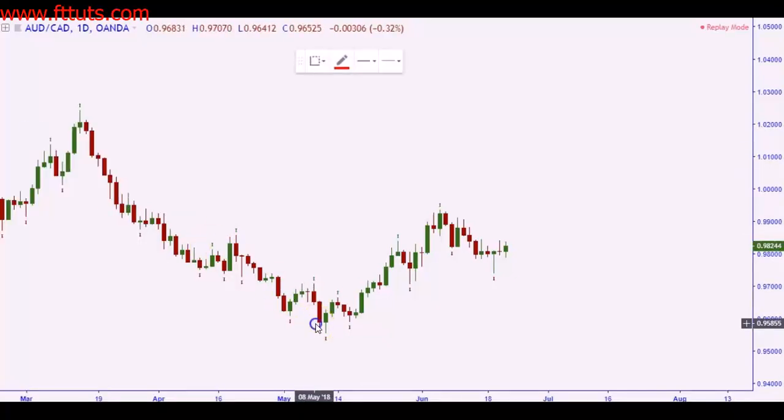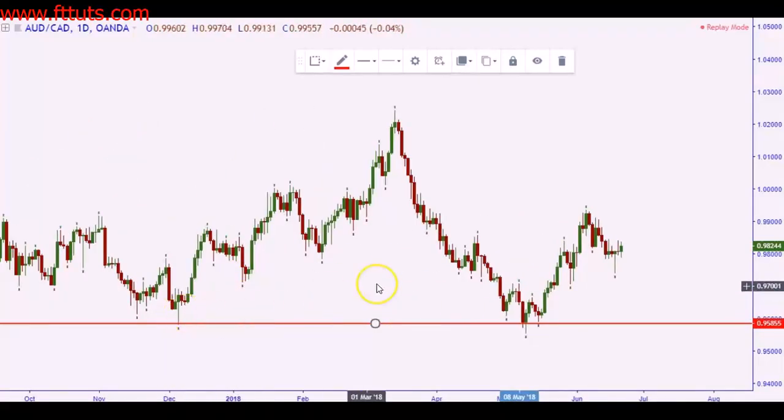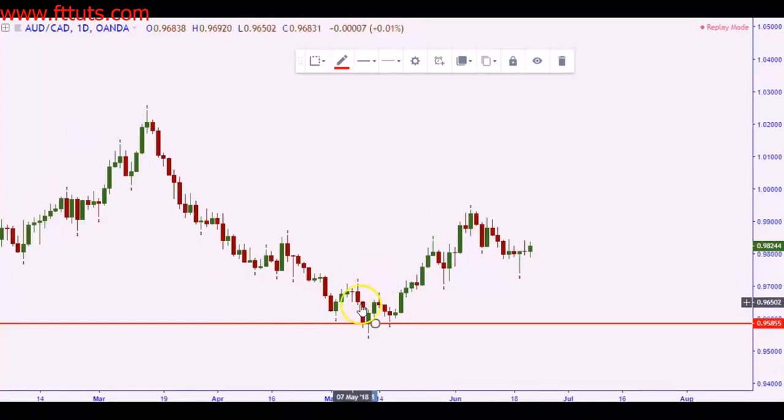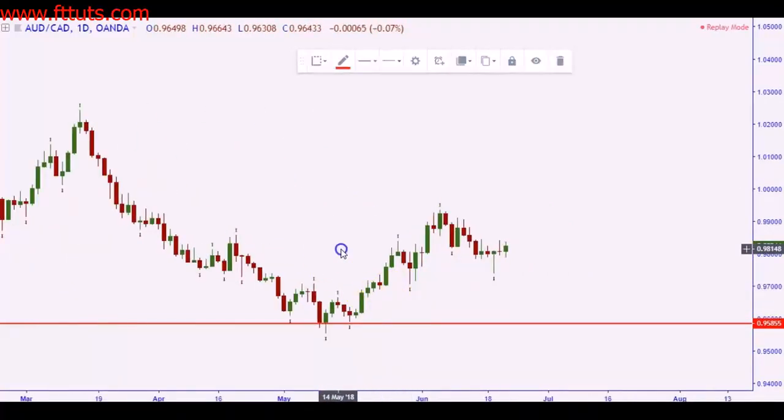You would find that, because we see the move that already happened, so you would mark this level, and going back you could see you have support and resistance. So you would have your support and resistance levels on your chart, and then when the market comes down to those levels, you want to look for your 1, 2, 3.